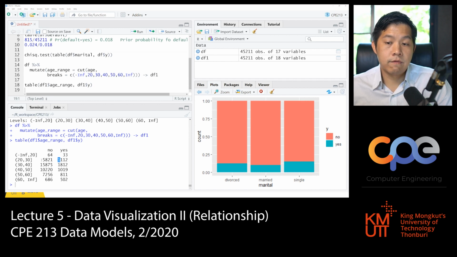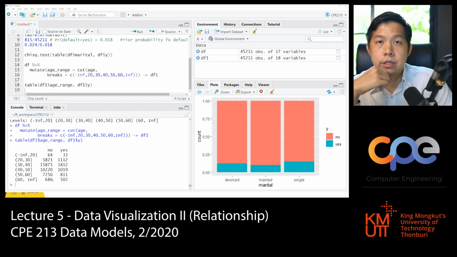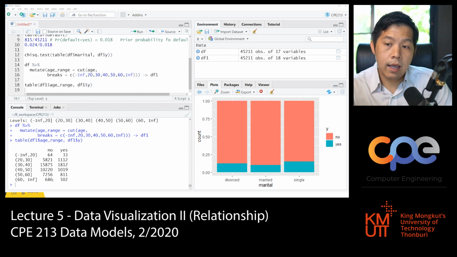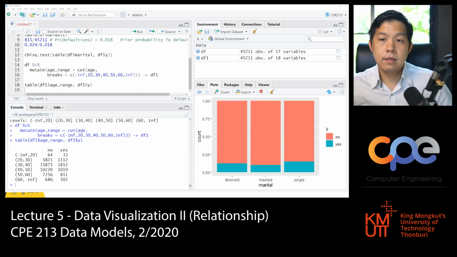This is 1, this is 5, also 1/6, 1/6 to 1/7. For this one it is a lot lower, and then it becomes higher again at this end. That means there might be a certain association between the age group and the chance to buy.